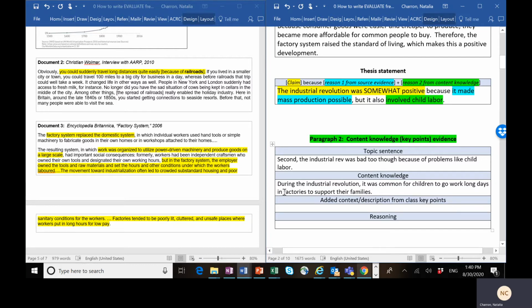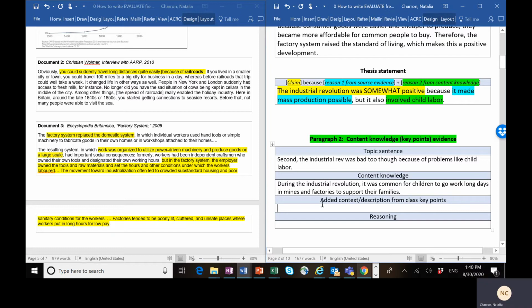And actually, let's say in mines and factories, because that's true and I remember it. So we're teaching our audience something, right? During the Industrial Revolution, child labor occurred in specific places, in mines and factories. And why? Because they needed to support their families.